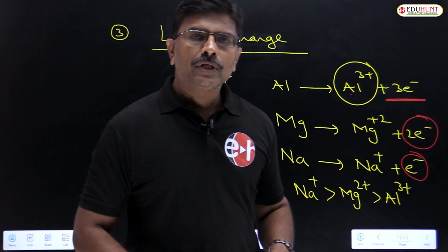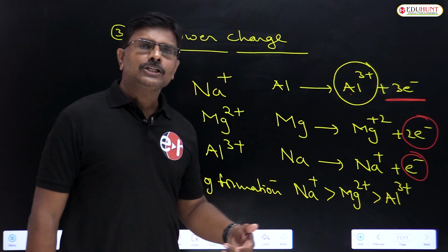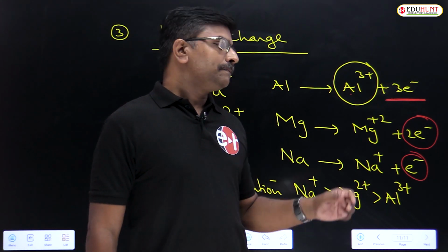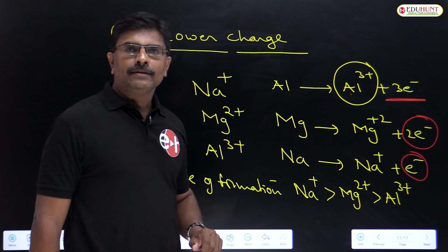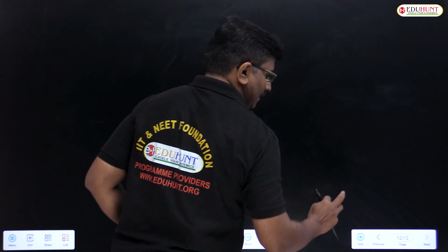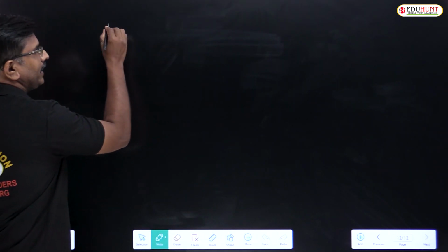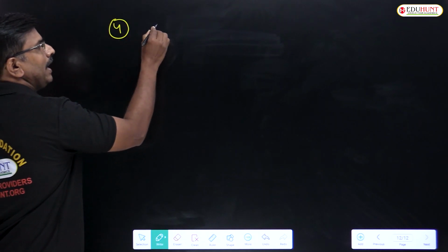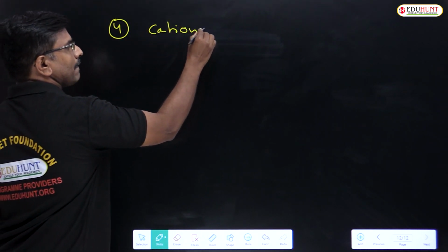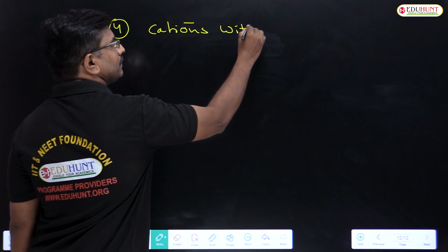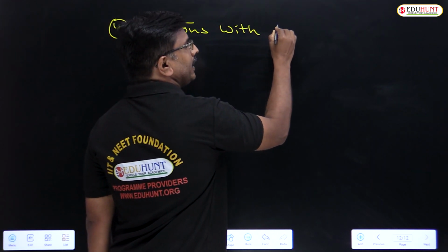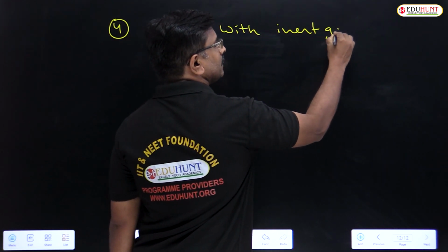Next, let us move to the fourth and last factor for the formation of the cation. The fourth factor is cations with inert gas configuration.